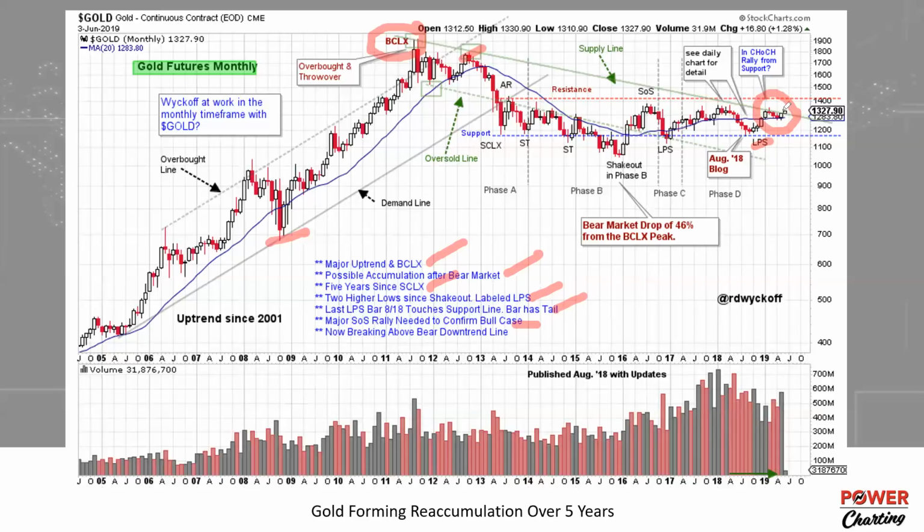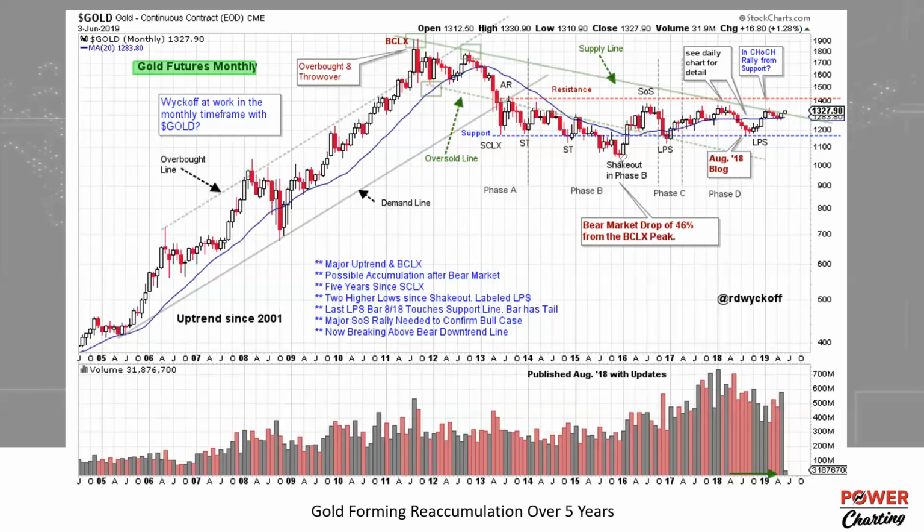So that would take us up to the area of this red resistance line right here. And so that would give us that sign of strength that would take us above these highs that were made back in early 2018. So this is the thing that we will be looking for to demonstrate that we have an important change of trend here.